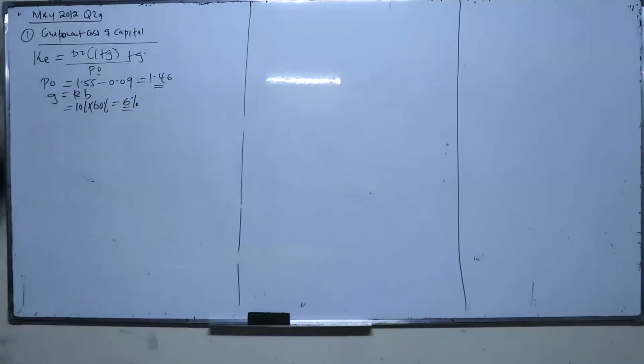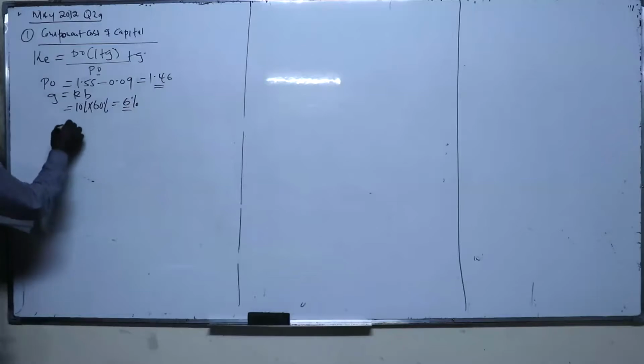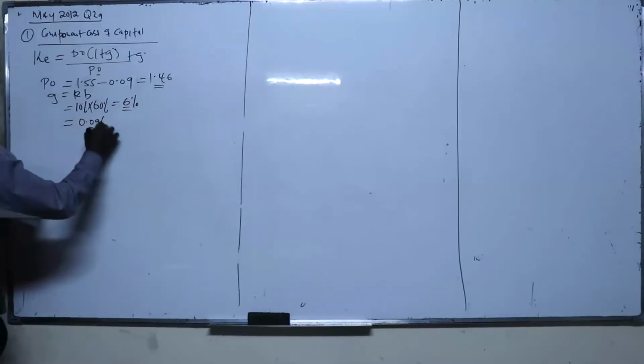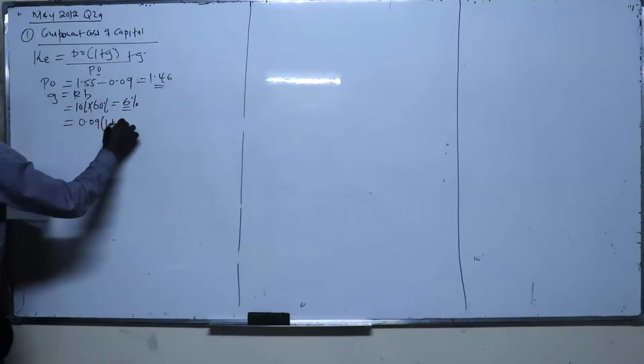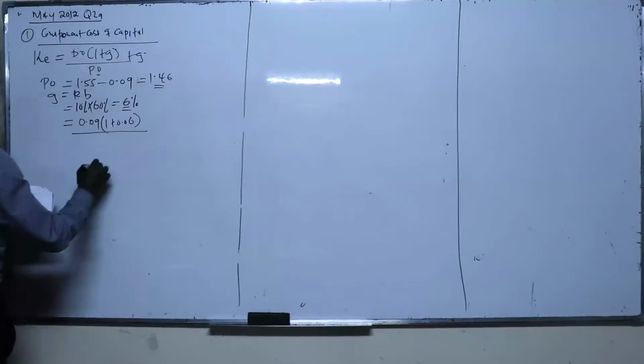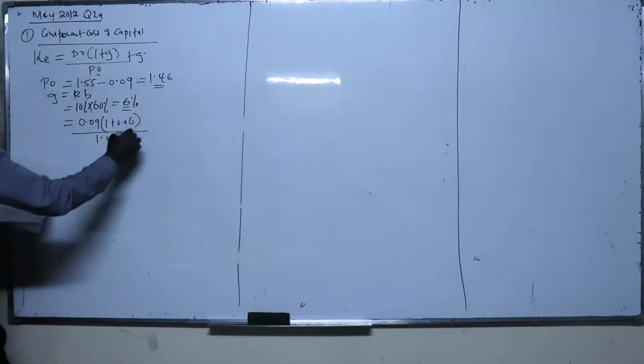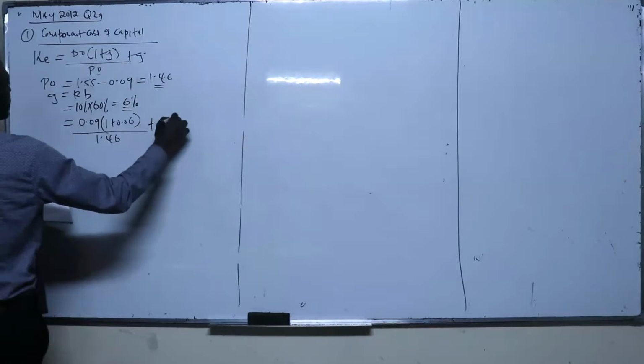Is it so? So we come here and compute our Ke, which is 0.09 in bracket 1 plus 0.06 over 1.46, plus 0.06.